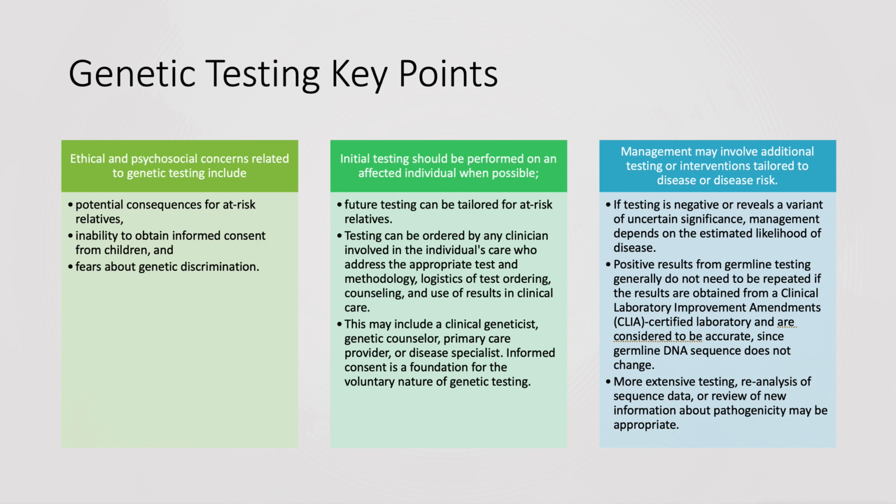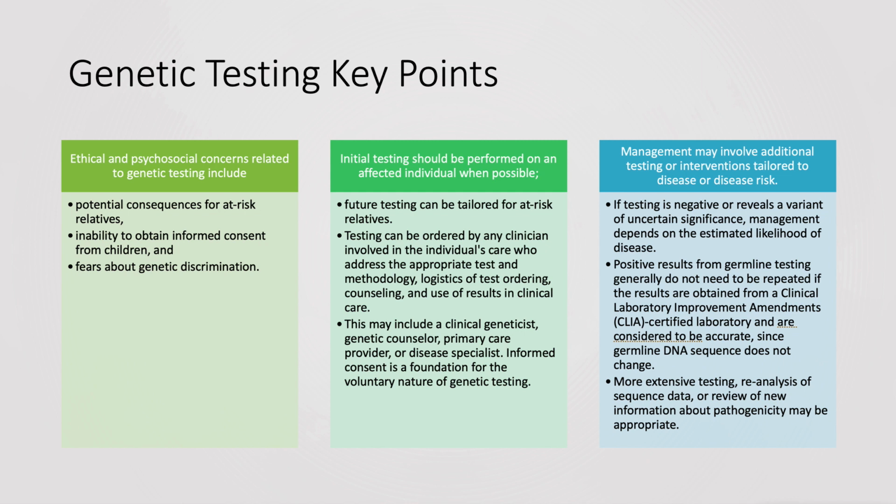What we order is a referral to genetic counseling, and people who do this all the time in their practice will do this function of ordering the test, explaining it, getting informed consent. That is not something that generalists typically do. So this may include a clinical geneticist, a genetic counselor, primary care provider, disease specialist. Informed consent is a foundation for the voluntary nature of genetic testing.